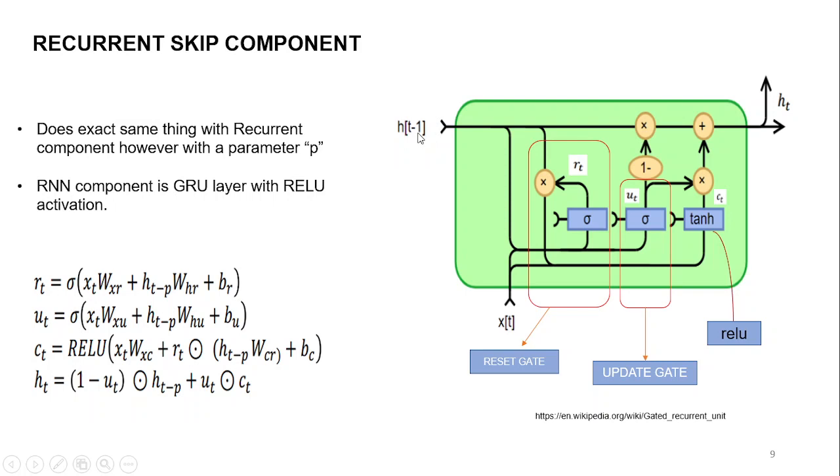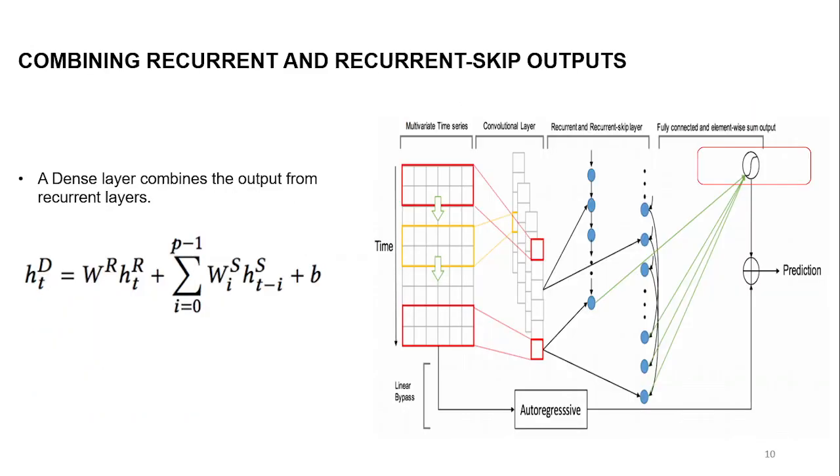Like I said, to predict the traffic at 8 a.m. tomorrow, we use h of t minus 24 hours to check on the hidden state of 8 a.m. the previous day. And also the outputs of both the recurrent and recurrent skip are combined in this dense layer to have this formula.